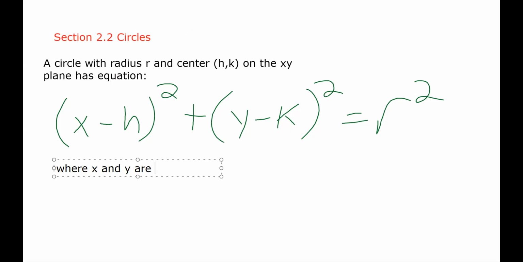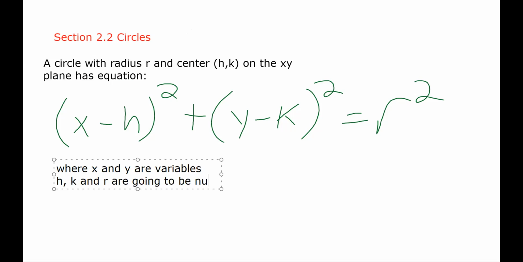where x and y are variables, which means they'll stay written x and y in the equation. H, K, and R are going to be numbers in most cases. They're going to be actual numbers that are filled into the xy coordinate plane.